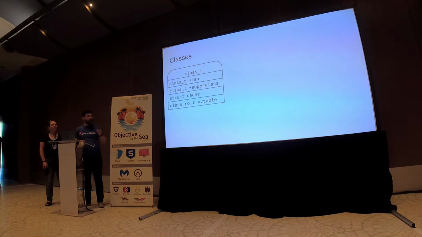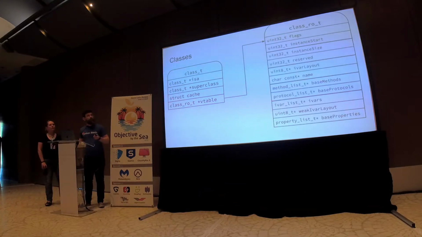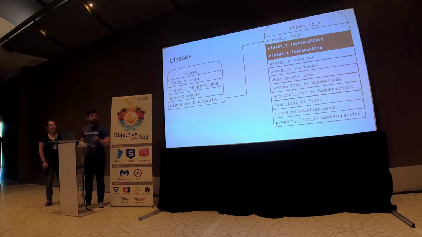I'm not going to talk about this cache thing, because that's something at runtime, but the important thing is this vtable pointer that points to the class RO T structure. And that is the structure that has all the information about the class itself, including how big the class is and where it starts in the object.